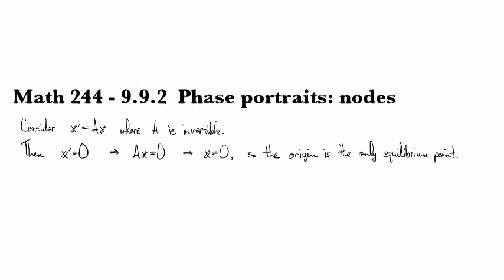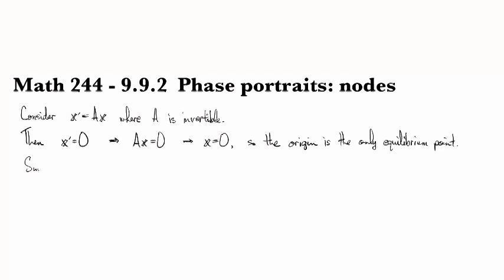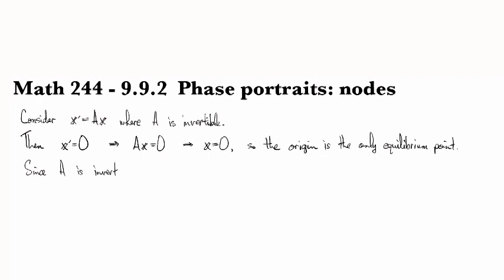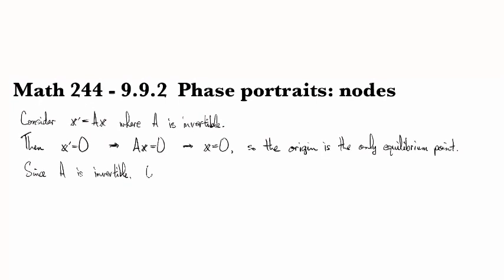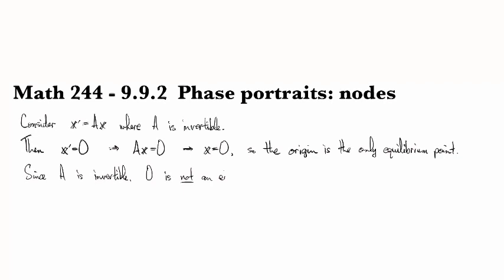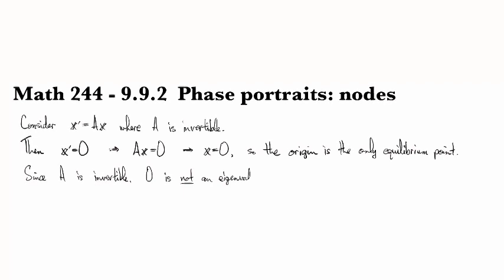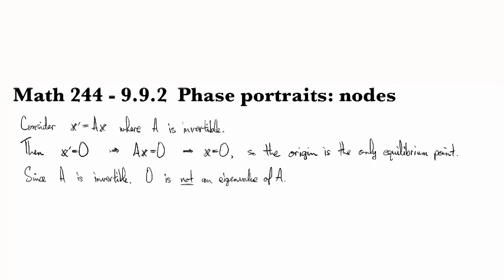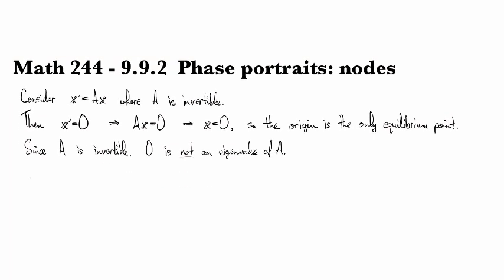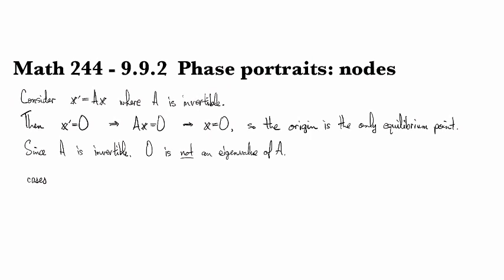So then also, since A is invertible, we know that 0 is not an eigenvalue of A. All right, so let's look at the possible cases for the eigenvalues of A.